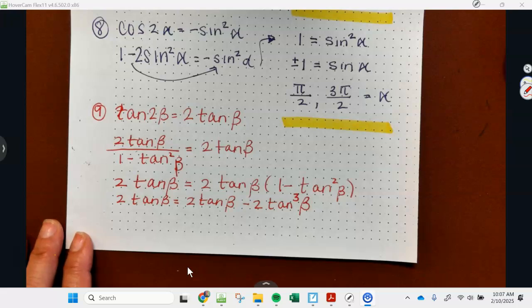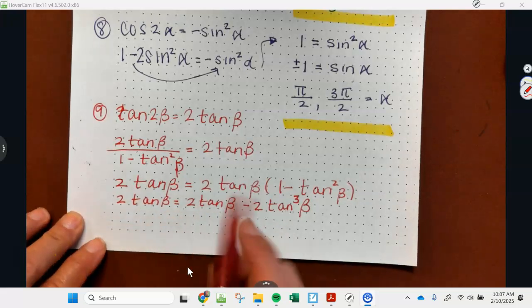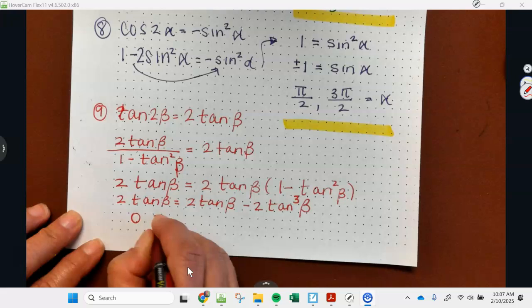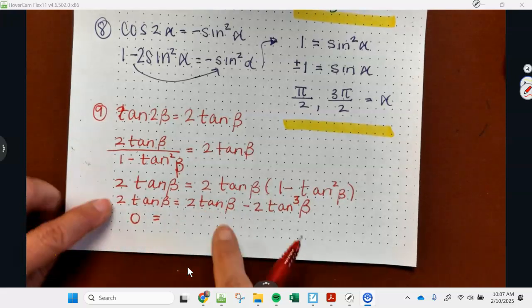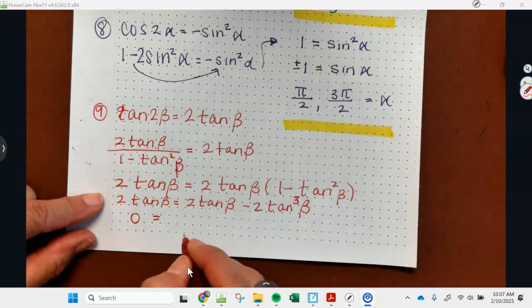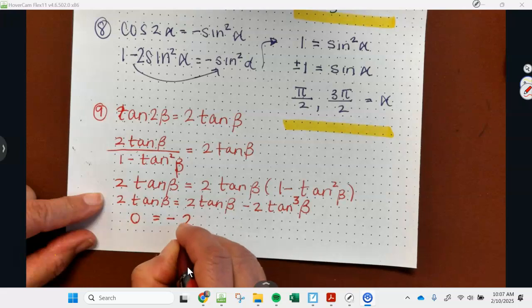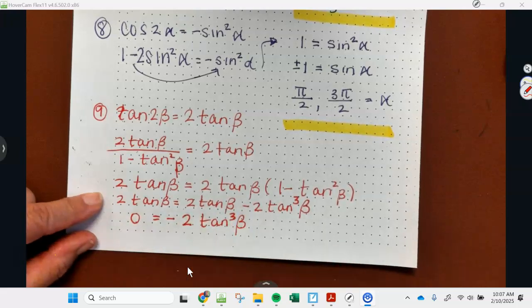I am going to go ahead and set it equal to 0. So I am moving this 2 tan beta to the other side. Remember, when I move this over here, it turns negative. This is a 0 pair right here. So we're going to have 0 equals negative 2 tan to the third power of beta.